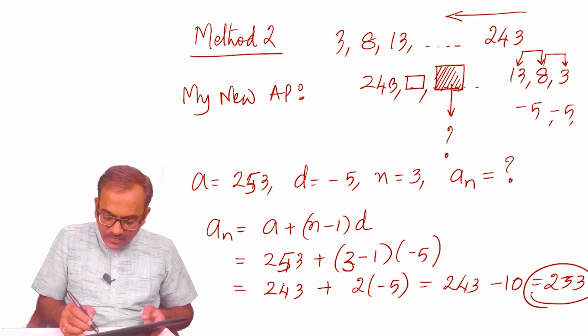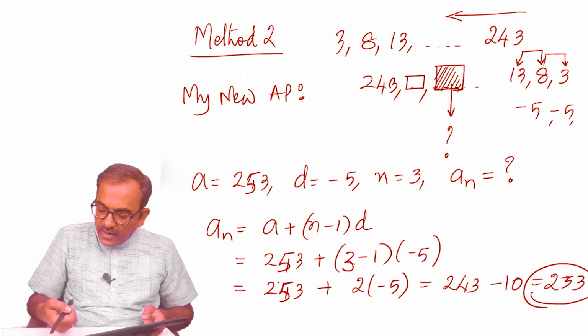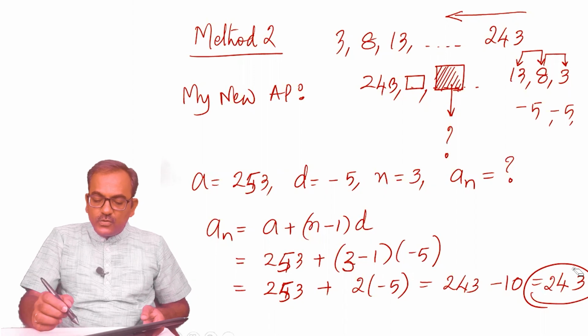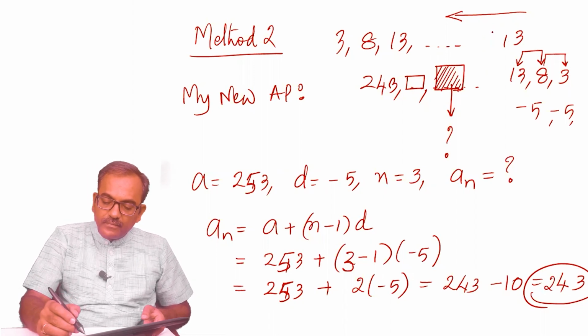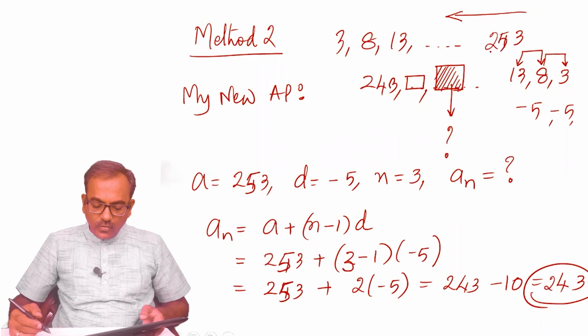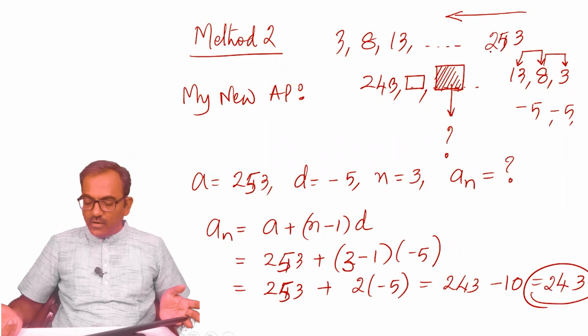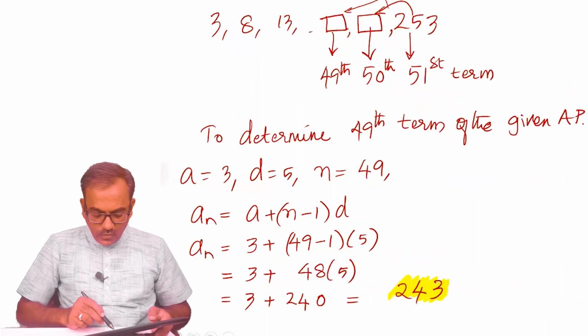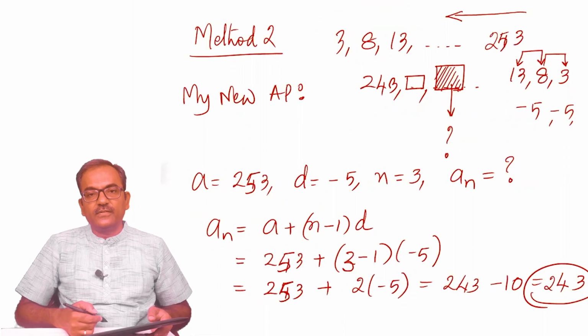So this becomes 253 and this becomes 243. I have taken the problem wrong. Okay, so this is 253. So what have we got? We have got the same answer, 243 in the previous case and 243 in this case.